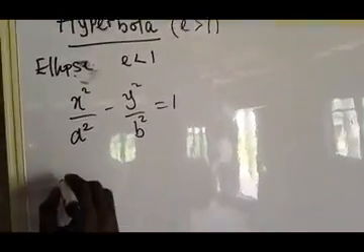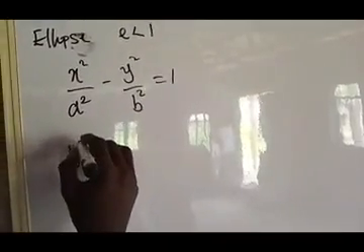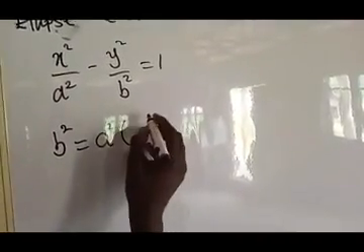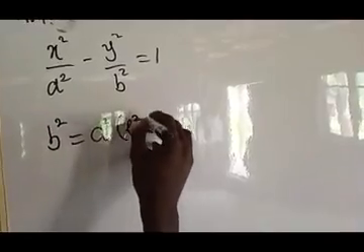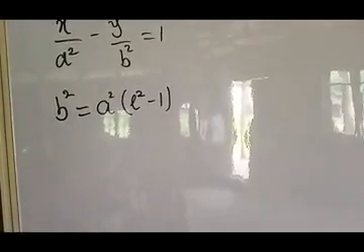So if I'm to get my eccentricity, how will I do it? That will be b squared equals a squared open bracket e squared minus 1. You have to know that this is for hyperbola. For eccentricity, we discussed it in the last class, so you can check out the video to understand the way ellipse is done. So let's see an example.